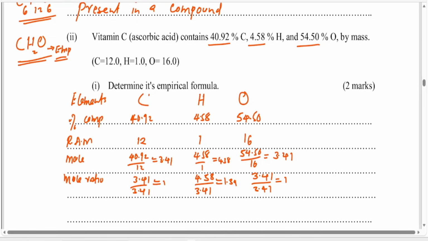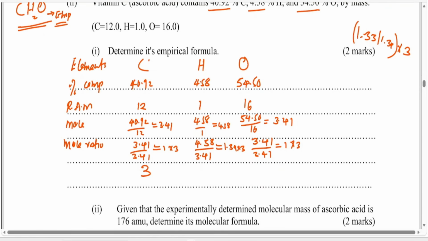Whether it is 1.33 or 1.34, we are always supposed to multiply by 3 across. So when I multiply by 3 across, I get 3.